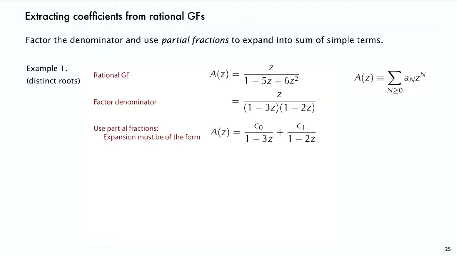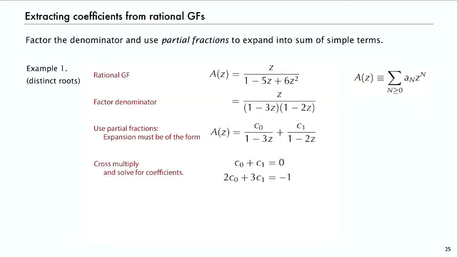And then using partial fractions means that it's going to separate into the form c0 over 1 minus 3z plus c1 over 1 minus 2z. This is called the method of undetermined coefficients. And now what we'll do is just cross multiply and set coefficients of the constant equal, set coefficients of z equal, and solve for the coefficients.